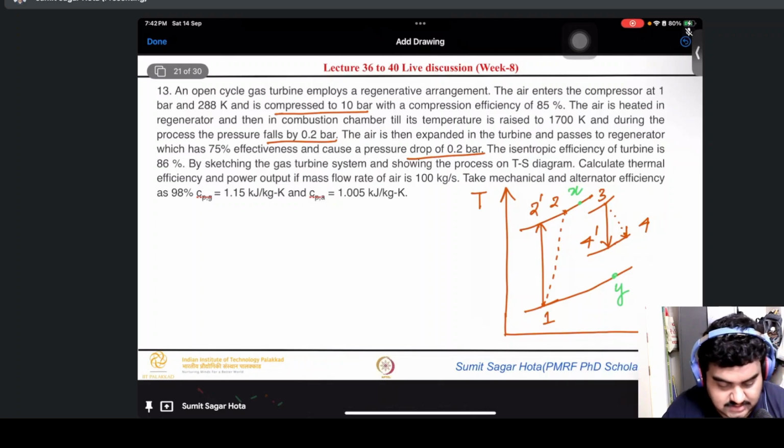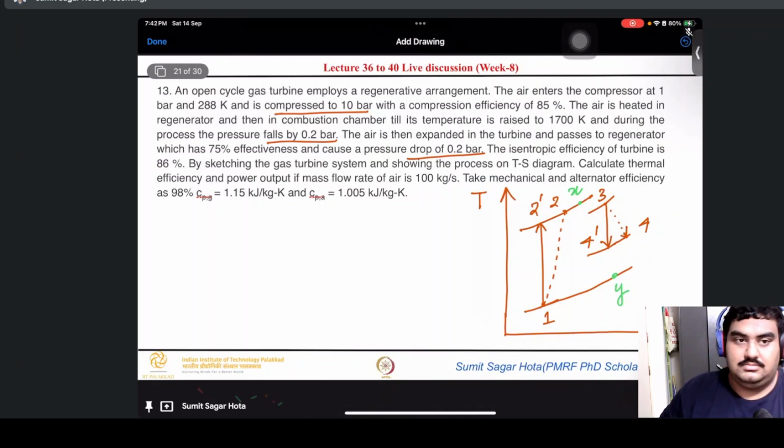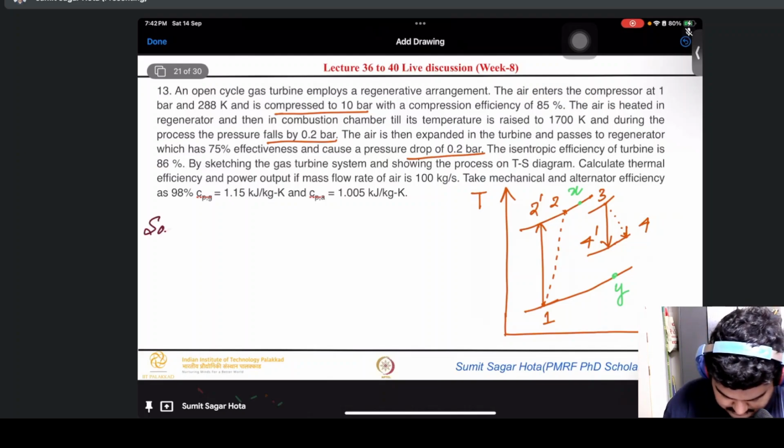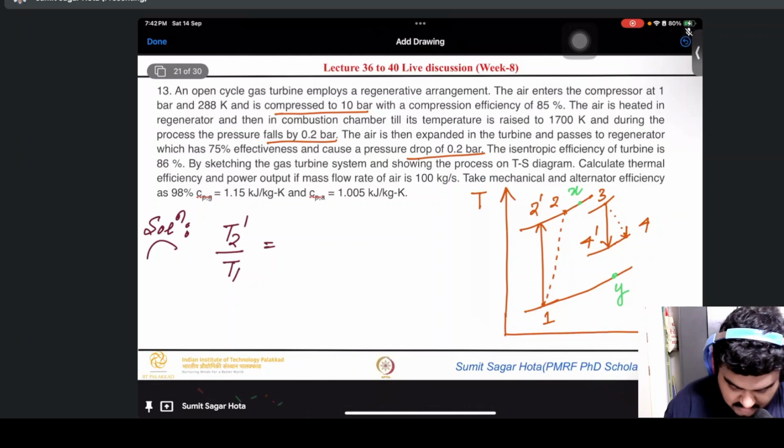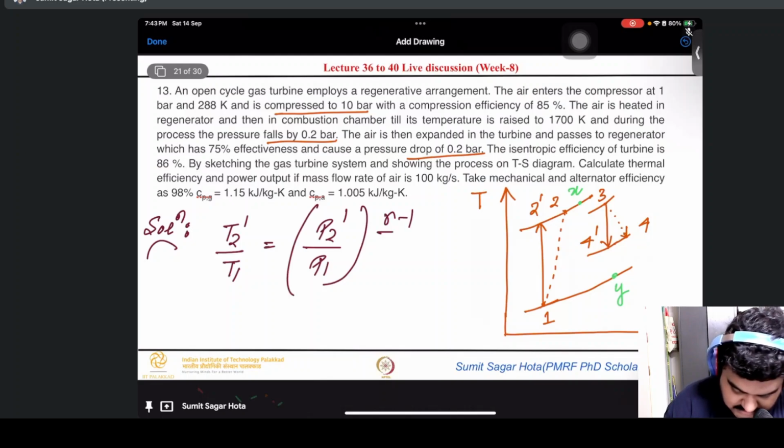So let's start the solution. 1 to 2 dash is the isentropic process. Just apply the isentropic relation. T2 dash by T1 is equal to P2 dash by P1 to the power gamma minus 1 by gamma.